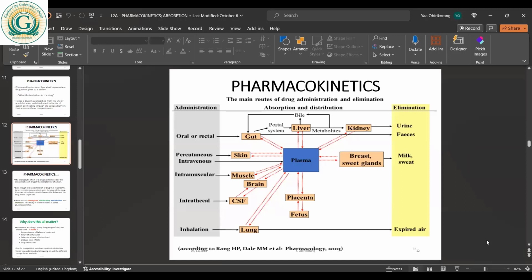So when we say drug absorption, what we mean is the process whereby the drug is absorbed or moved from the point where you administer it into systemic circulation. Here, there are several factors that we need to be thinking about. One of them is the route of administration, because depending on the route, the drug would either be absorbed faster or slower.